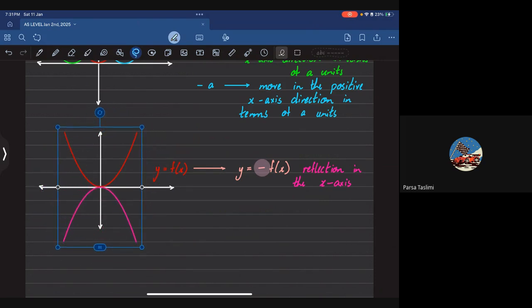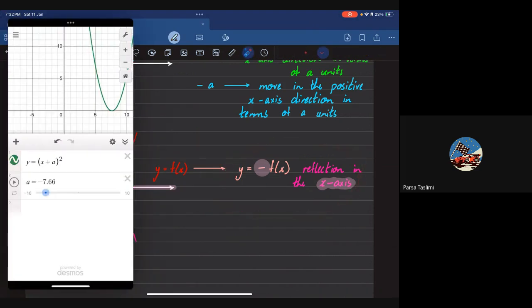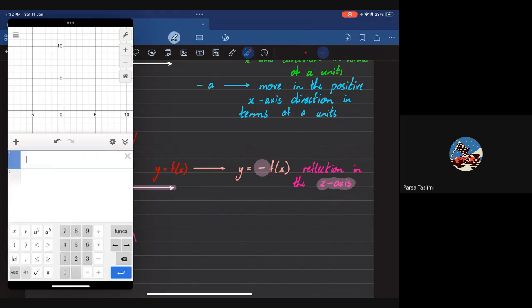Oh, that was easy. Is this clear? This is called reflection in the x-axis. What is happening? Your x-axis is being featured as the middle line. This is your x-axis. It is acting as your mirror line. Clear? So whenever there's a negative number, let's see some changes to it.